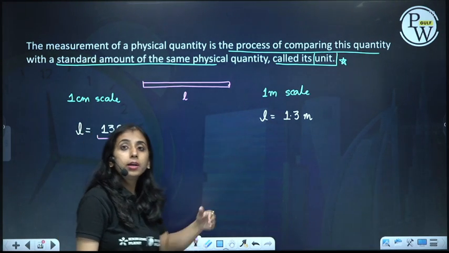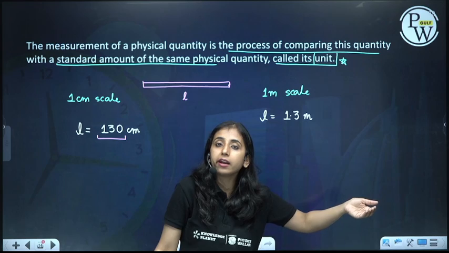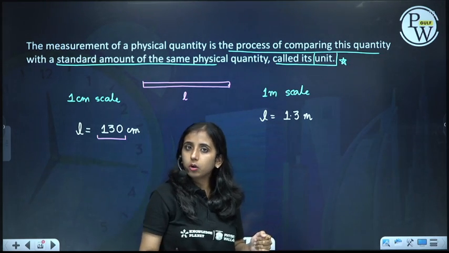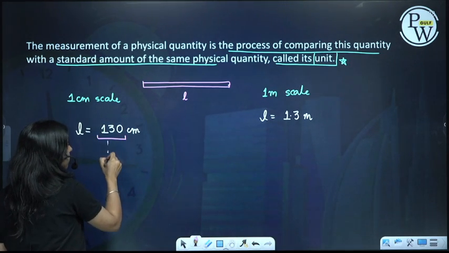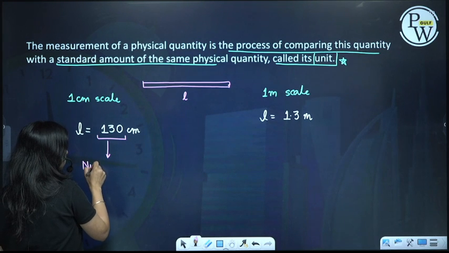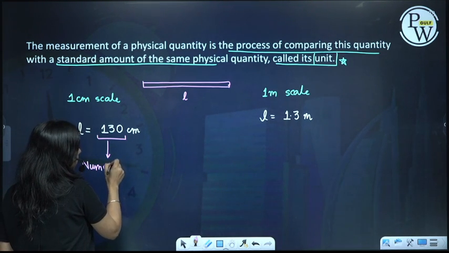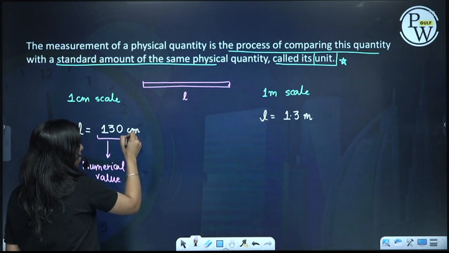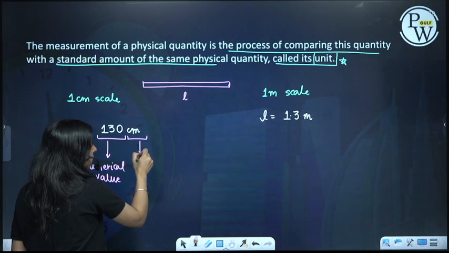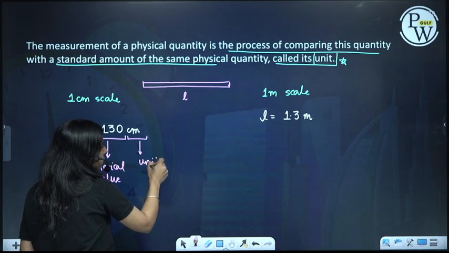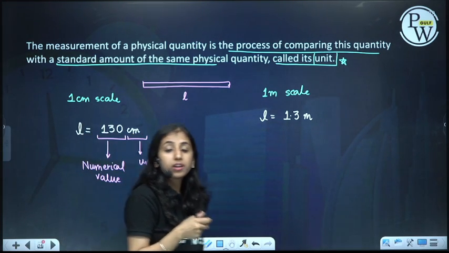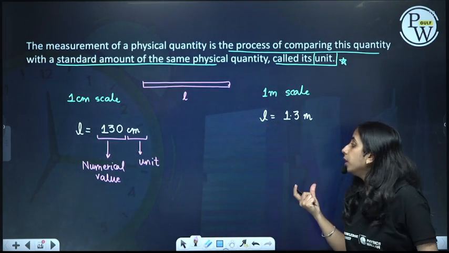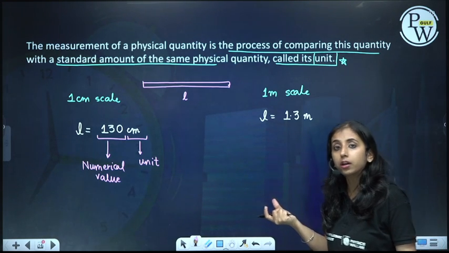It tells me how many repetitions of the scale were needed to cover the length of the rod. So this 130 is called the numerical value, and this centimeter is the standard reference value we use to measure it. This is called the unit.